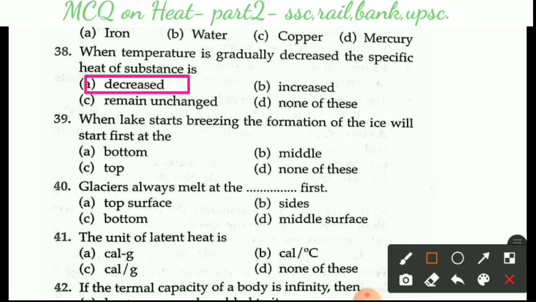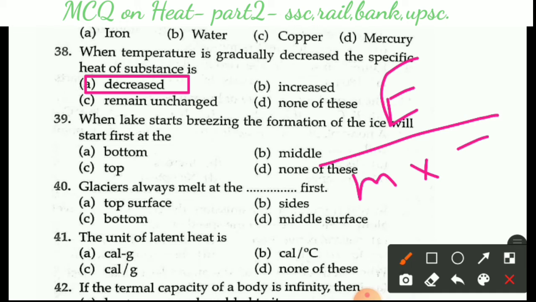When temperature increases, the specific heat also decreases, because specific heat is equal to energy divided by mass into temperature. So if temperature increases, then its specific heat also decreases.